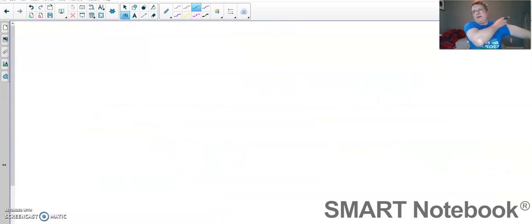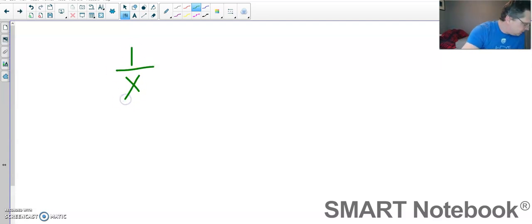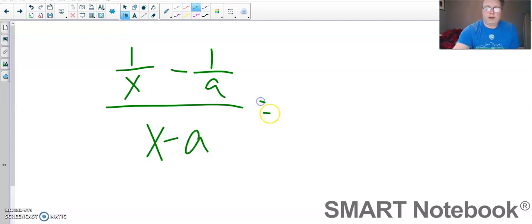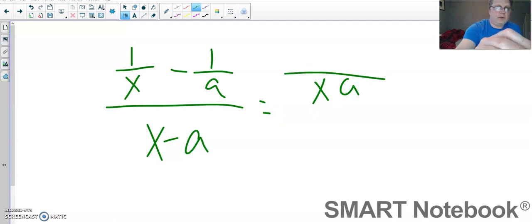Okay, 5, 1 over x. Now this is f of x minus f of a. So 1 over x minus 1 over a all over x minus a. Okay, common denominator is xa. So then we have to multiply top and bottom by a, top and bottom by x.